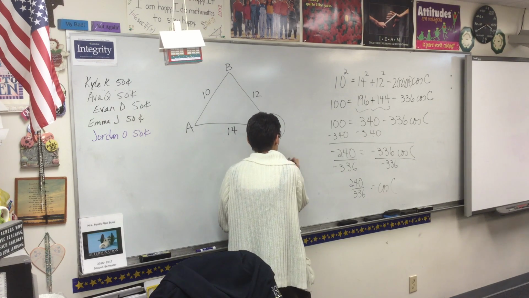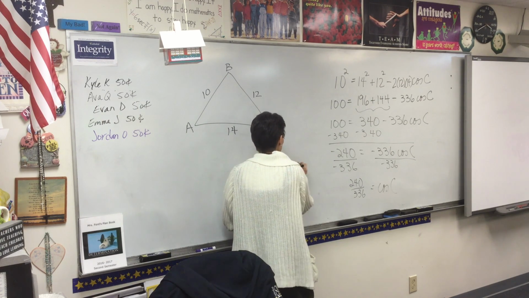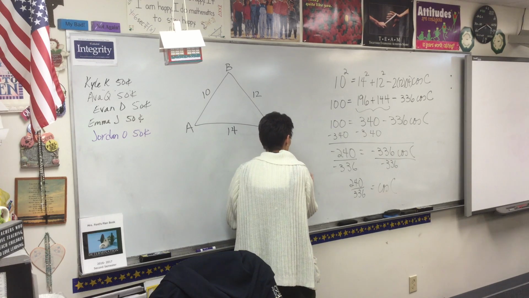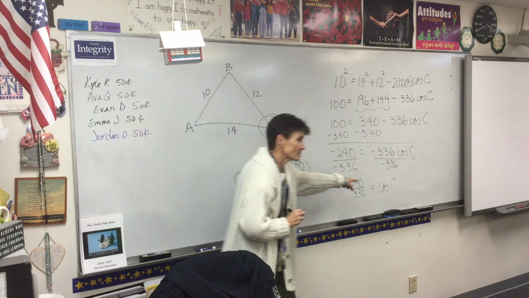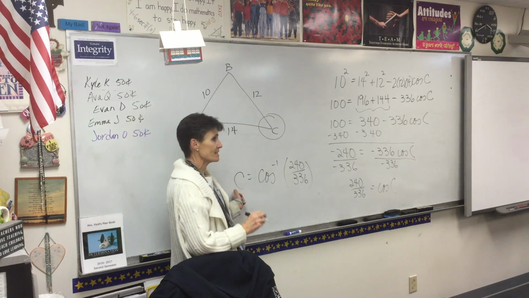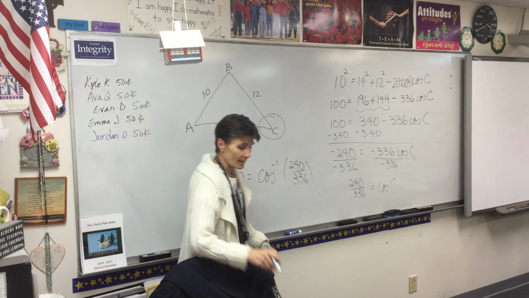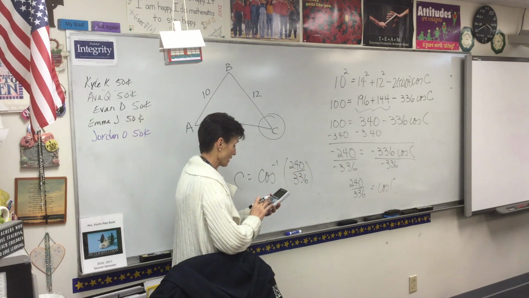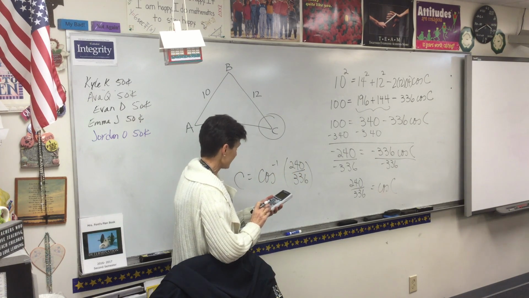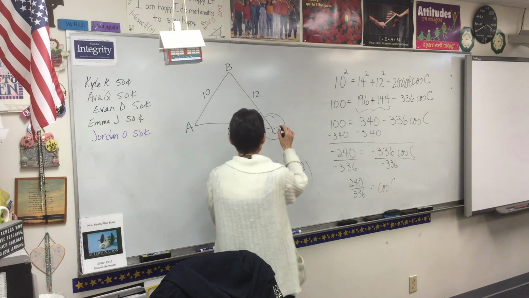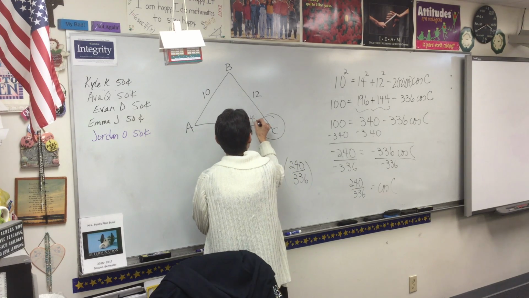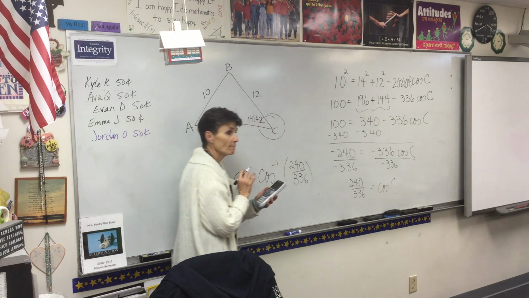Kids, in order to get the angle, in order to get just C, not cosine C, just C, you need to second cosine it. So second cosine 240 divided by 336. I got 44.42. Is that what you got?